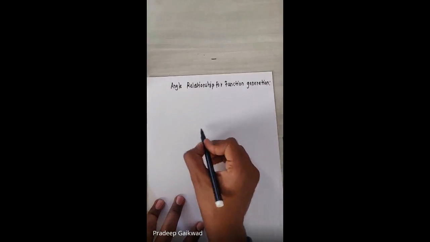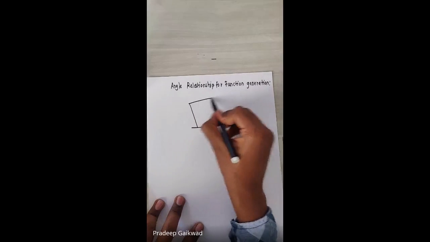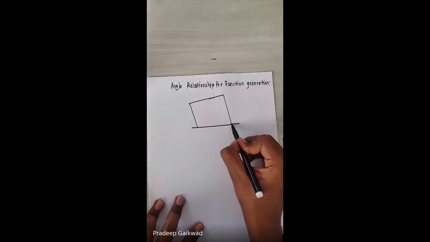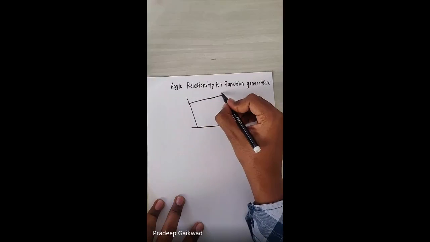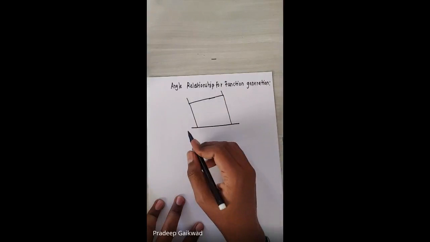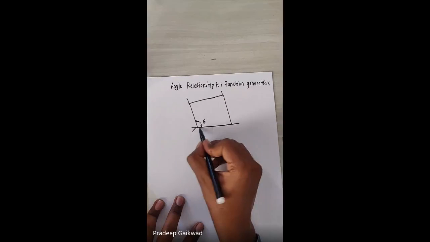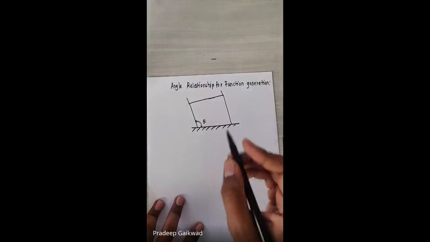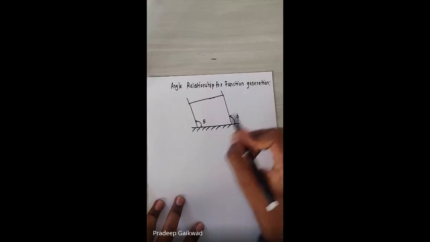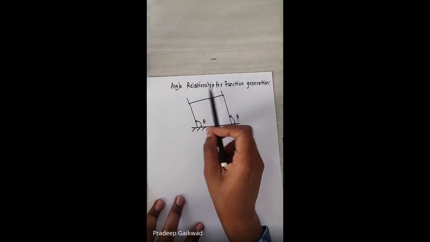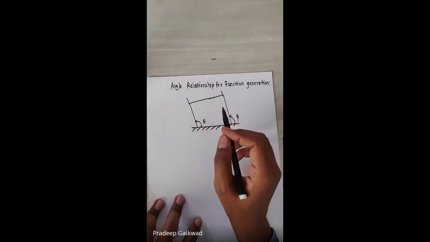Let's consider again a 4-bar mechanism. If I consider this link, I extend it here. You know that this one is theta, the input angle of the input link, provided this one is the fixed link, and this one is the output angle, let's say phi. We need to find the angle relationship for function generation problems.